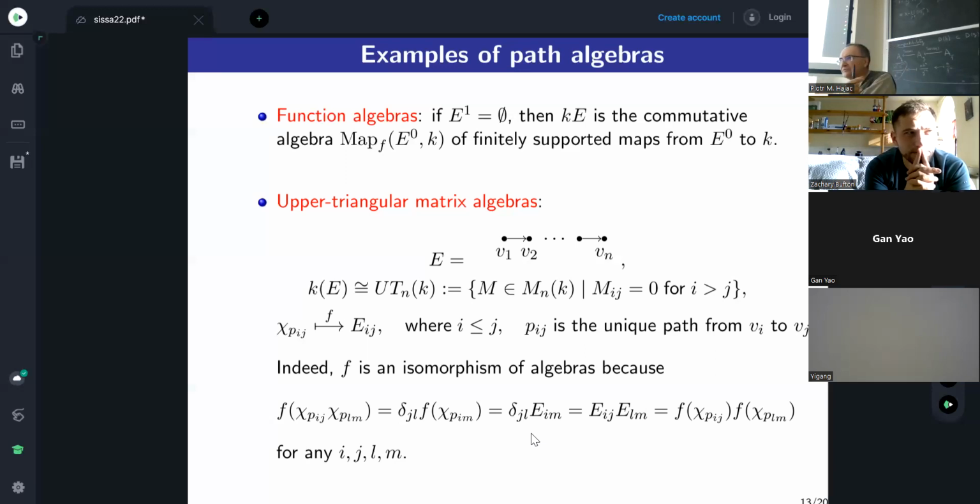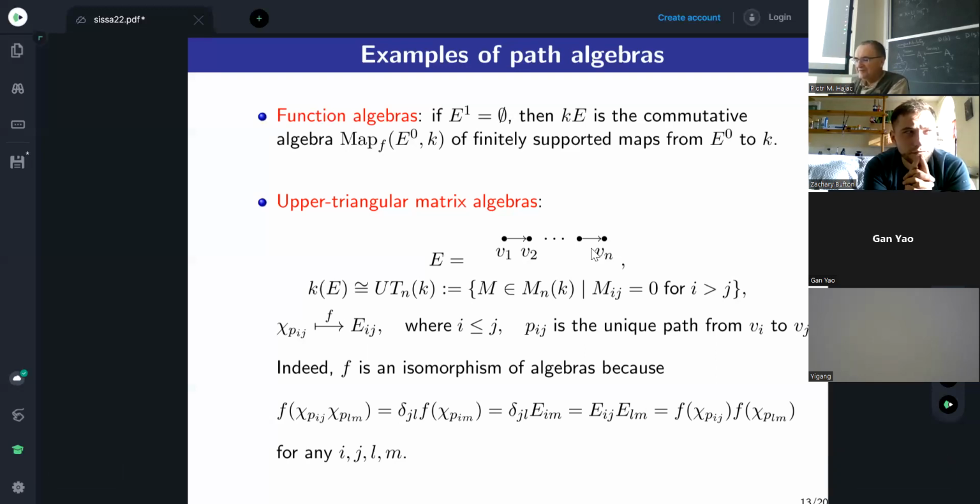You can only move left to right. I cannot go from Vn to V1, but I can go from V2 to Vn, or from V2 to Vn minus 1, in a unique way. These Pij's give me my basis. And guess what? I map chi Pij to the elementary matrix Eij. That's the elementary matrix: it has 0 everywhere except for the slot in row i and column j, where you have 1.